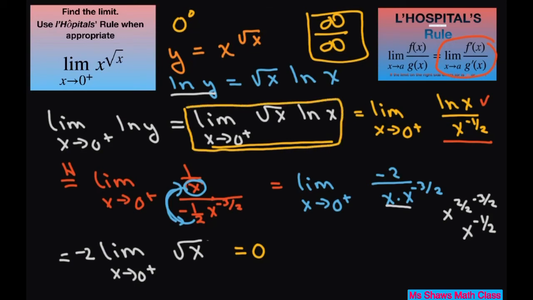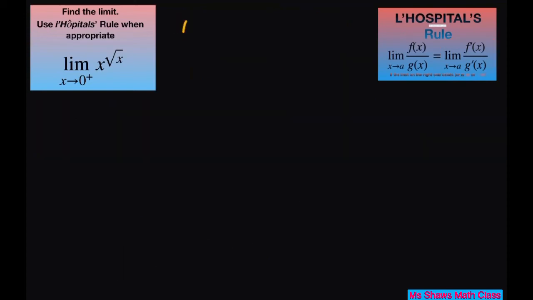Which is the limit of ln of y. So we know that the limit as x approaches 0 from the right of ln of y equals 0.